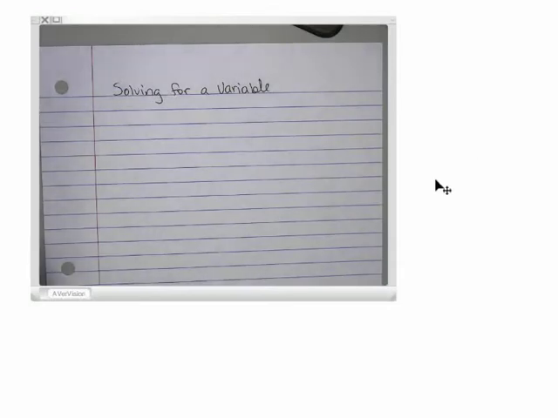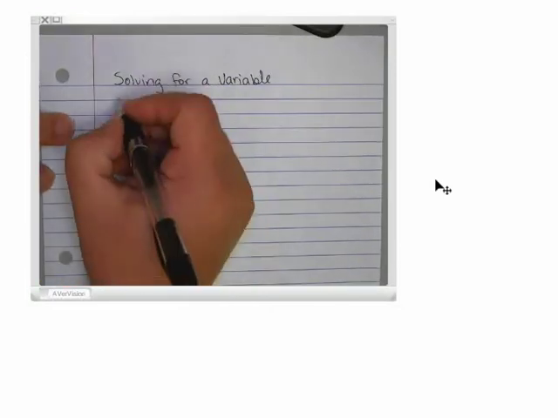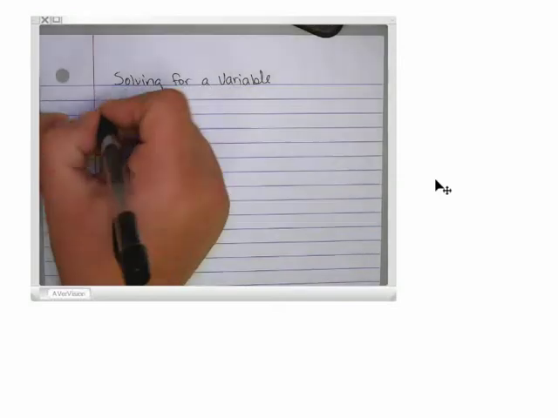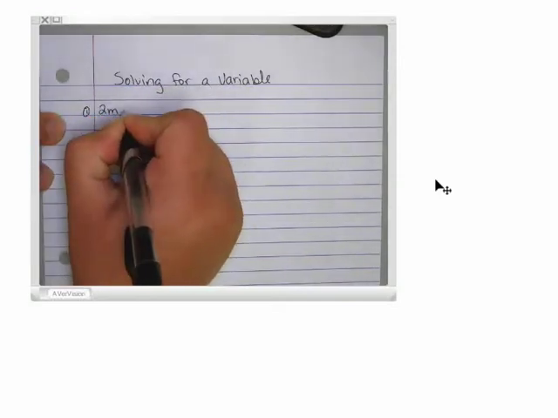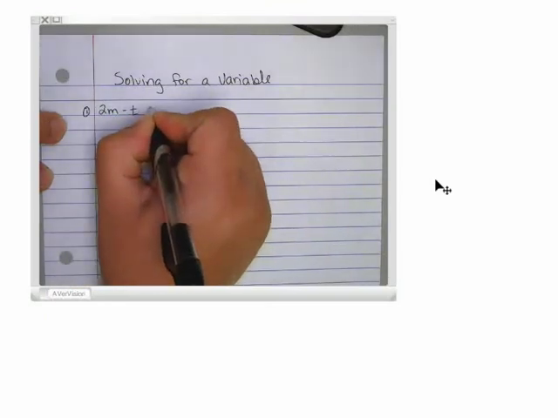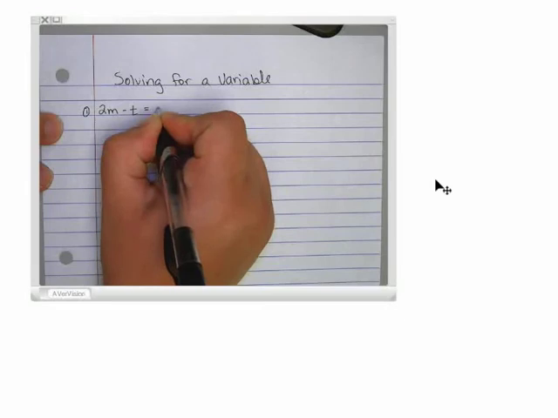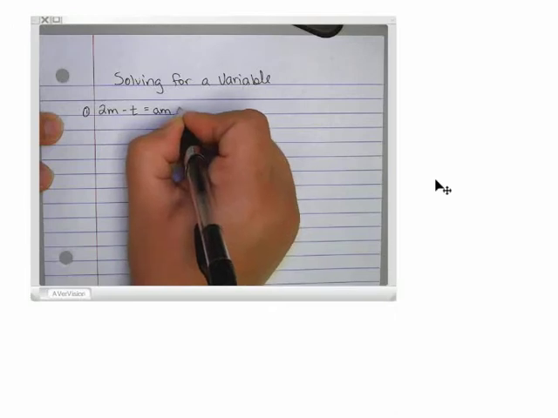So let's start with the equation 2m minus t equals am plus 5.